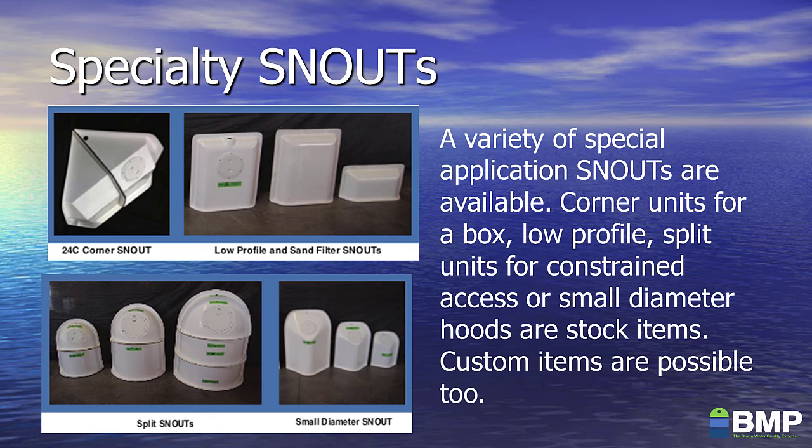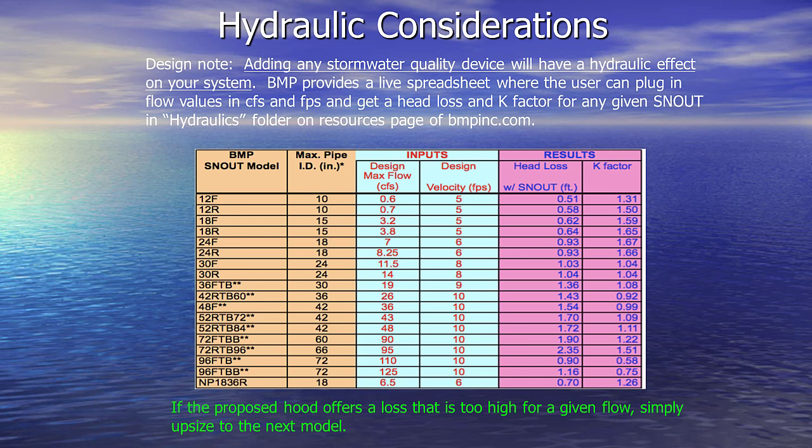They're available for 18-inch ID, 24-inch ID, 30-inch ID, and 36-inch ID structures for a variety of pipe sizes. So those small diameter snouts are also available with details that you can download on the website. When you add a water quality function to any stormwater inlet, you'll have a hydraulic effect on your system.